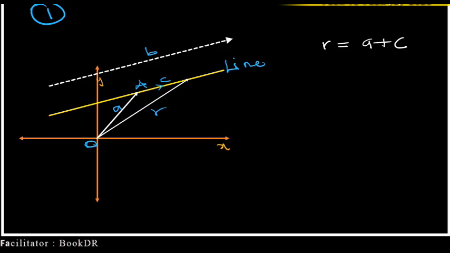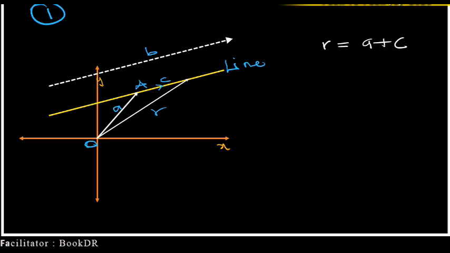In most instances, the vector C will not be known. But the vector C, which is just a portion of the yellow line, lies on the yellow line.